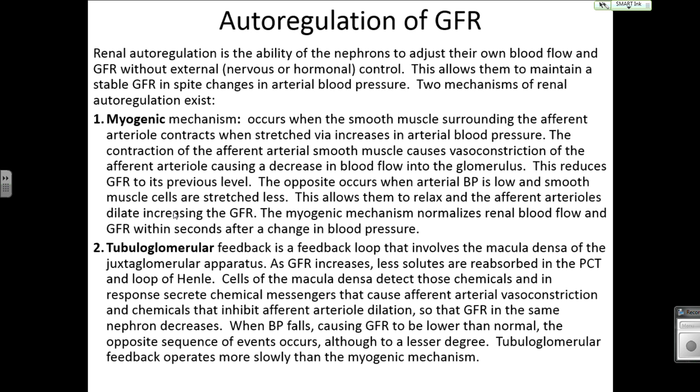The opposite occurs when blood pressure drops and GFR is lower than normal, but this is to a lesser degree. This feedback is longer term and slower than that myogenic mechanism, which should make sense because it takes a long time for that filtrate to make its way to the distal convoluted tubule and things to really progress from there.